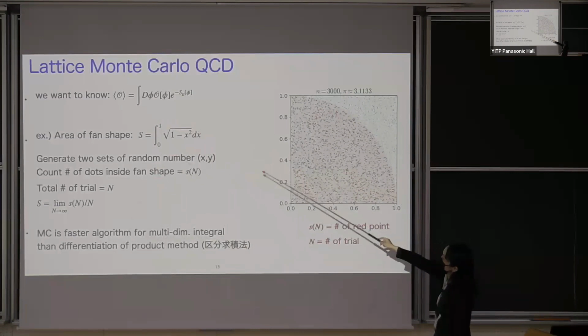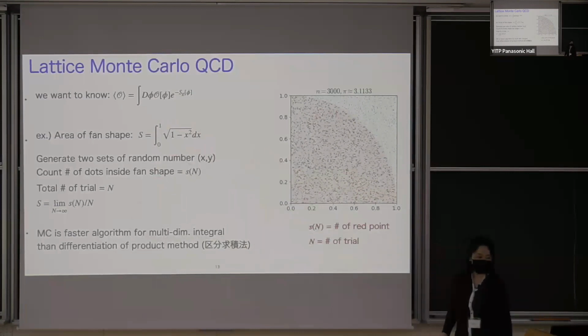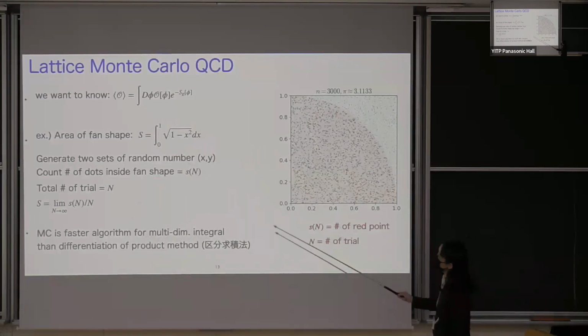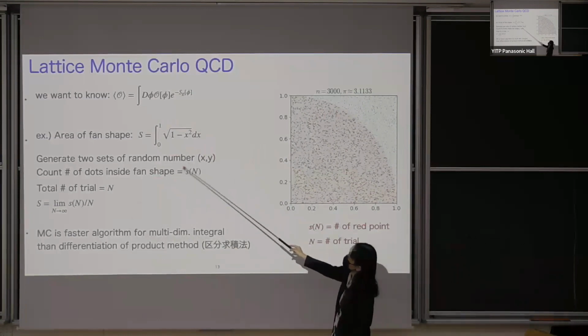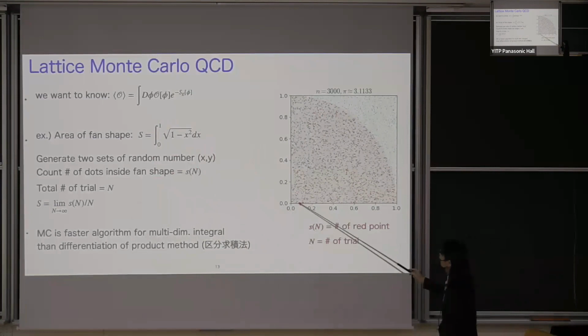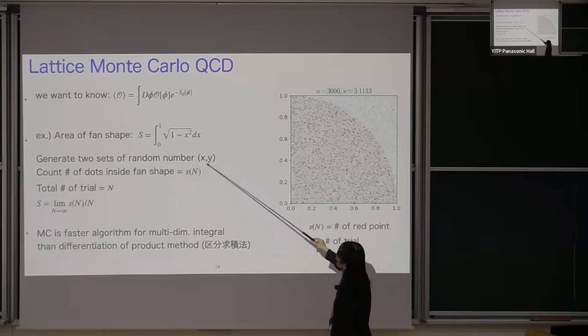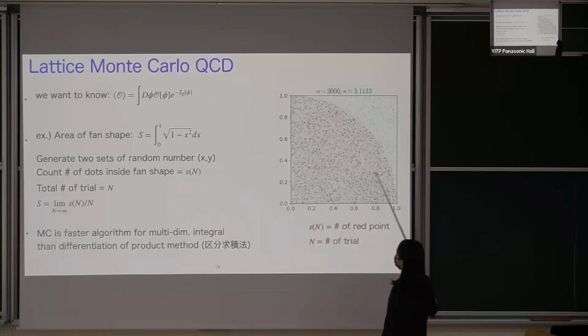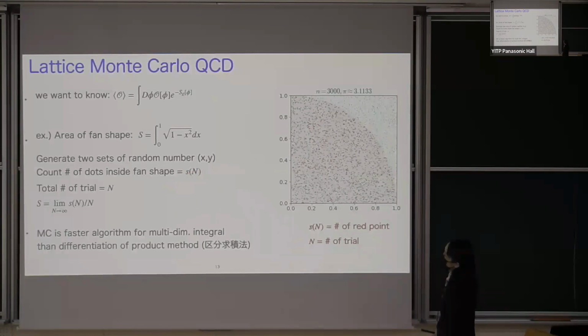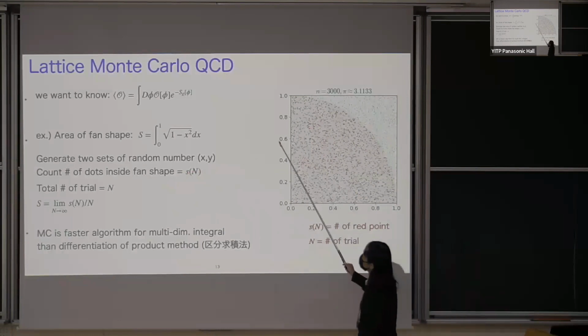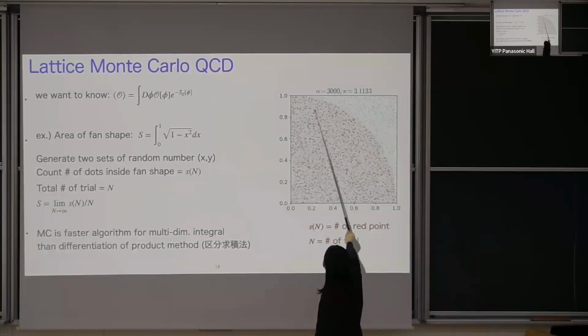To obtain this integral in the Monte Carlo simulation, we generate two sets of random numbers in the interval 0 to 1. We name these two random numbers x and y and plot them in this two-dimensional plane. And we count the number of dots inside this fan shape.